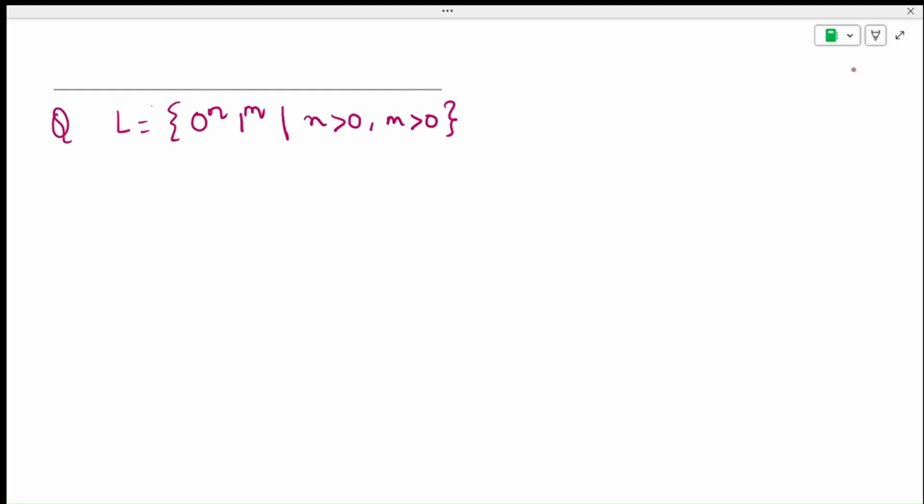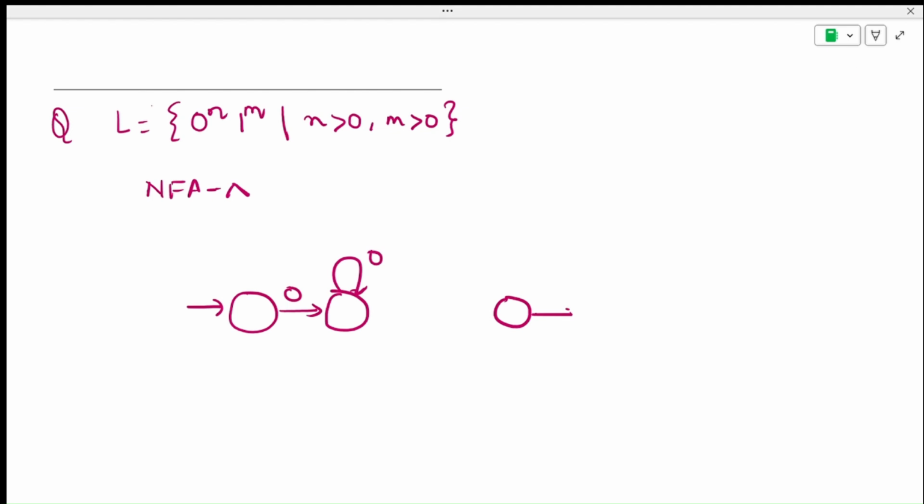The non-deterministic finite automata, NFA with null transition, for this language is: 0, any number of zeros, and 1, any number of ones, just join them with a null transition.